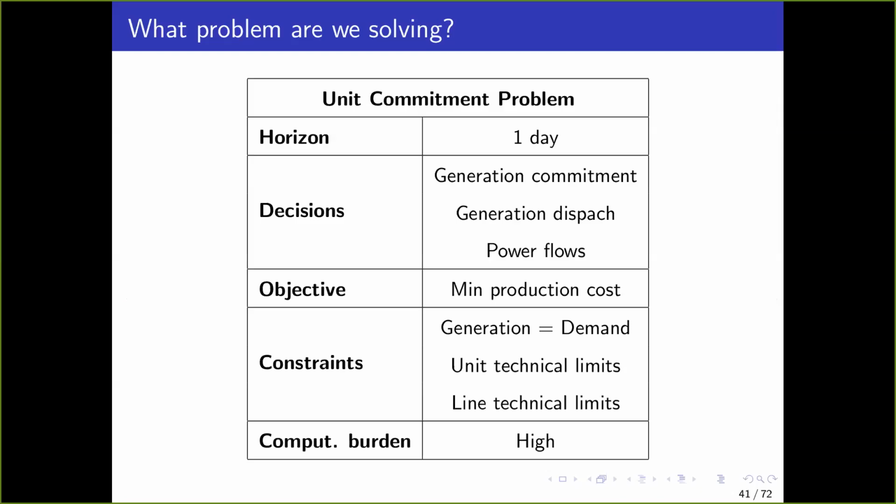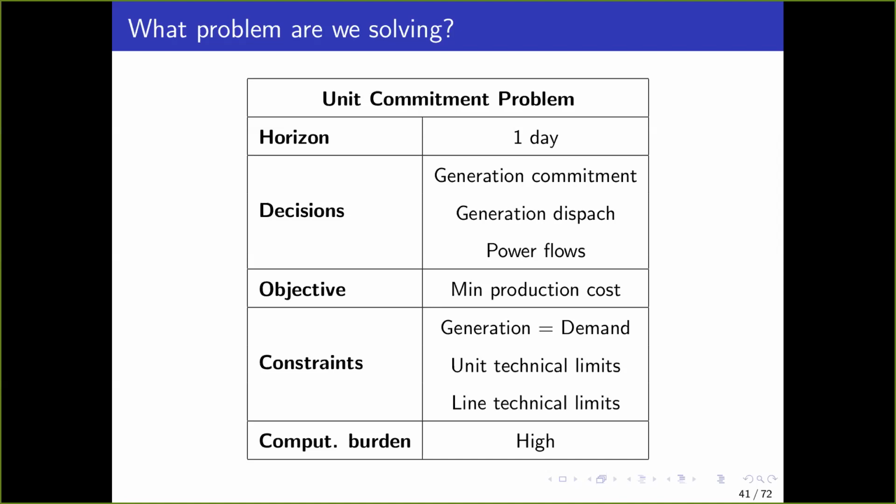The problem we are solving now is a unit commitment problem that maybe you are familiar with. The time horizon is reduced to just 1 day, and the decisions are generation commitments, so basically which units are going to be on or off, the generation dispatch, so how much these units are generating, and then the power flows.